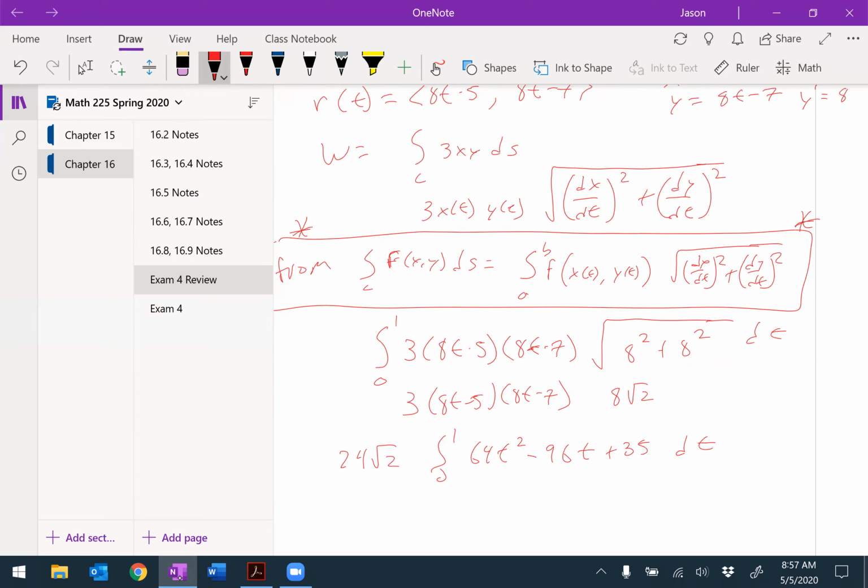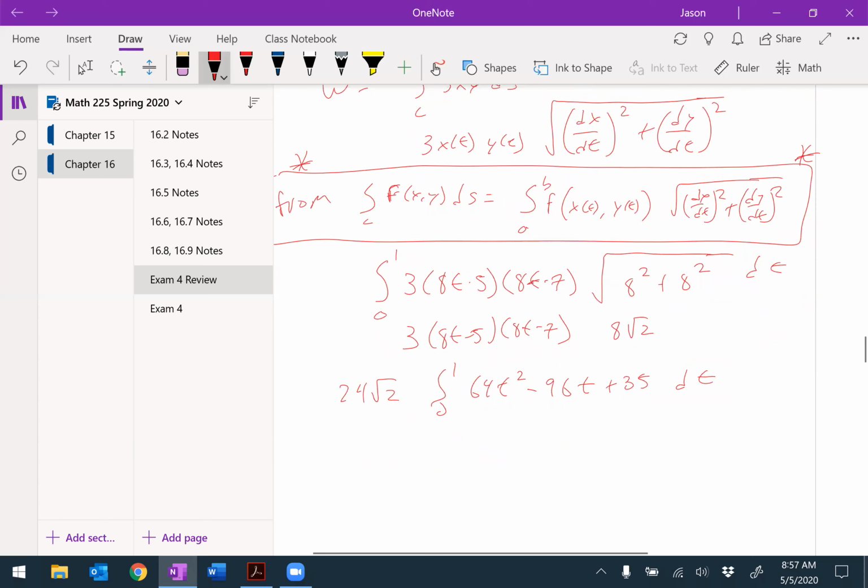Now it just becomes a simple integration. Let me go back to my notes. This becomes 64 over 3 t cubed minus 48t squared plus 35t, evaluated from 0 to 1.